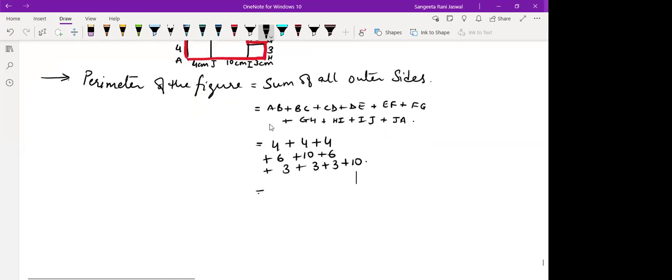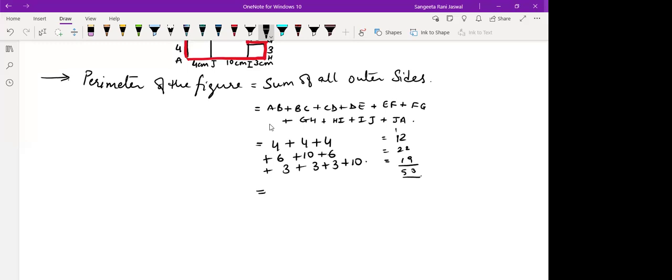Let's count. 4, 4, 4, 3 times is 12. This is 12 and 10 is 22. Then 9, 10, 19. So how much is this? 9 plus 4 is 13. Coming 13 only. 53. Coming 53.